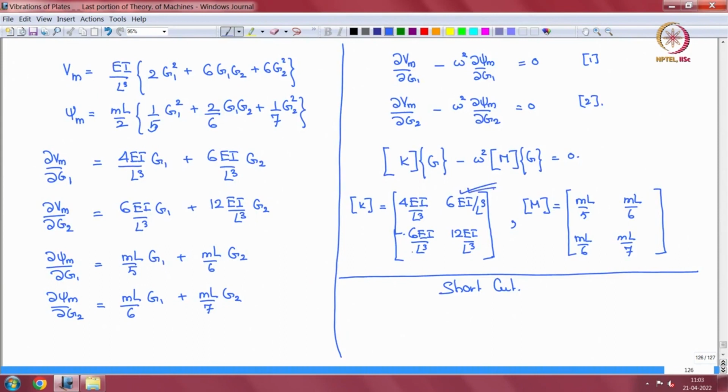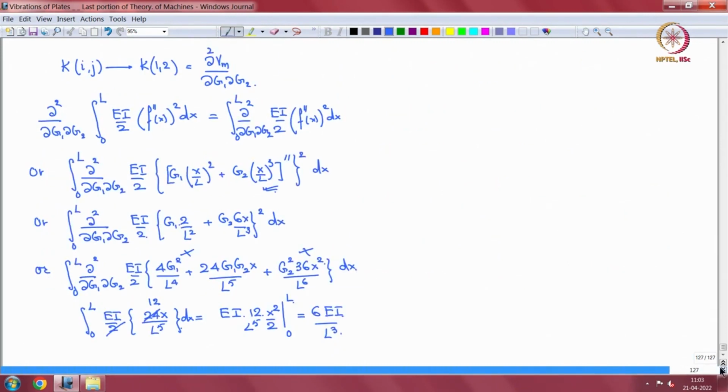Similarly K21. Okay, so that's how. Just this derivative gives you the K12 term. That was the whole idea.